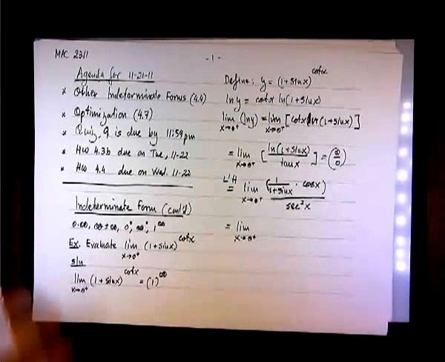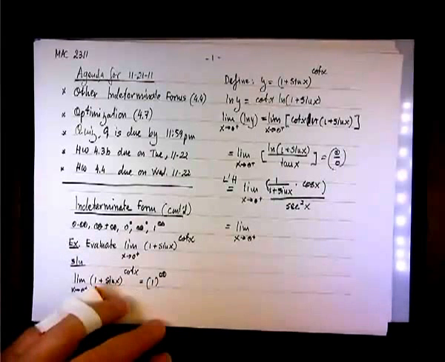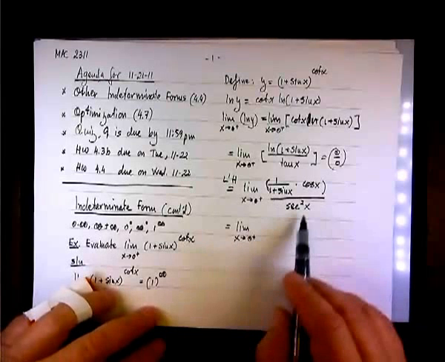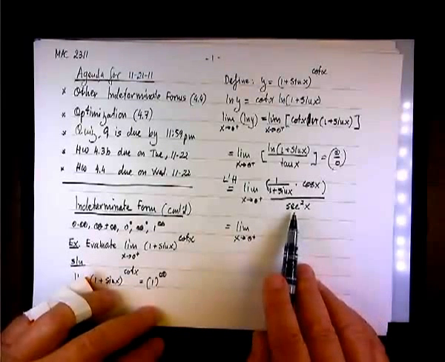I'll take your suggestions here. What do you say about the secant? The secant is 1 over cosine. So the denominator is 1 over cosine squared.